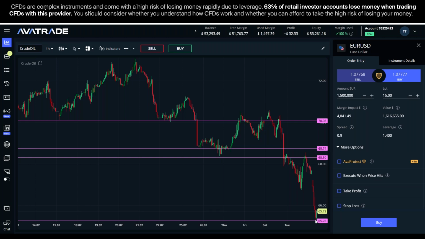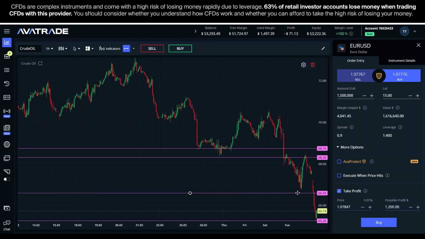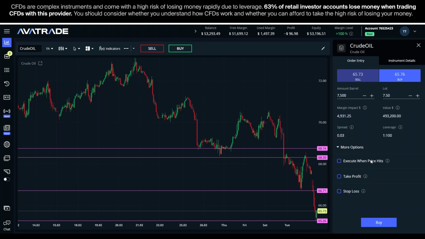The technical side is this is showing a nice bounce off of a one-day candle support. Okay, so if I want to do a buy here, I could say take profit up here where it broke the support, so 66.71. So take profit, and we want to get crude oil showing buy. Still showing the Euro USD there.